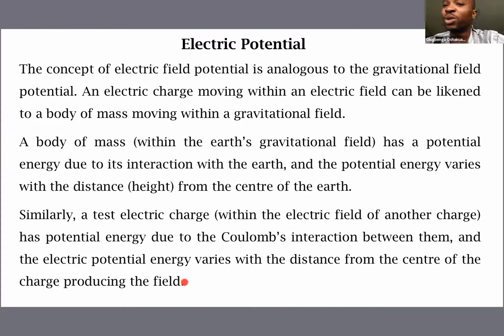So that means that just like we calculate the electric field strength at a particular point away from a charge, we can also calculate the electric potential at a particular point away from the charge. And that is defined as the work done on the unit charge to bring that charge from far, far away to that particular point in the electric field.